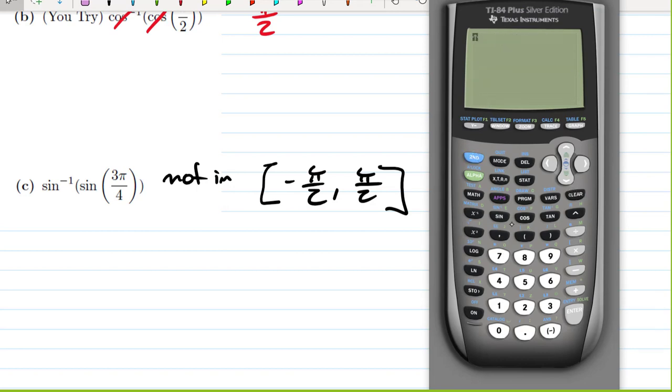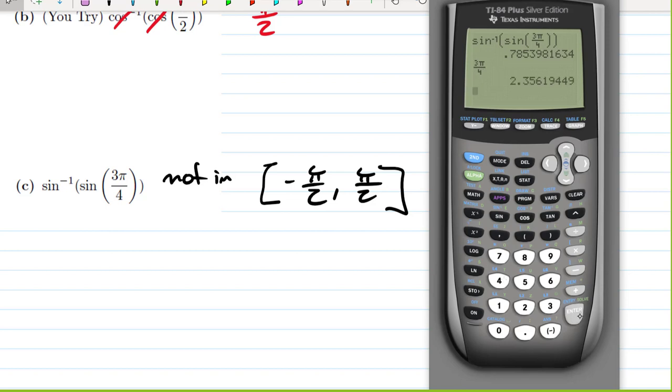So if we go sine inverse of the sine of 3 pi over 4, we get this, but if we check, is that the same as 3 pi divided by 4?